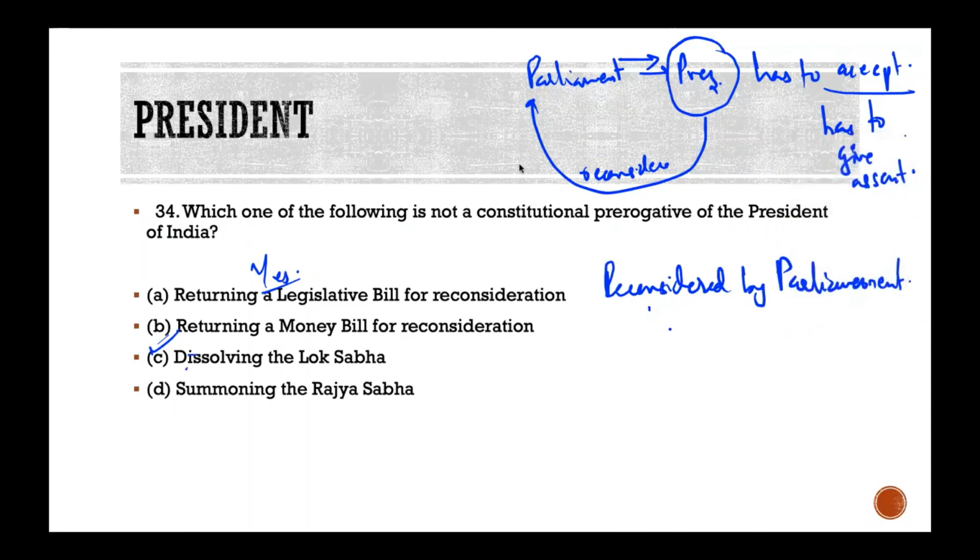When a bill is sent to the President after it has been passed by the Parliament, he can give assent, he can withhold his assent, or he can return the bill, so long as it is not a money bill, for the reconsideration of the Parliament. However, if the bill is passed again by the Parliament with or without amendments, the President has to give assent to the bill. Is that clear? So is it clear why he has to give assent?